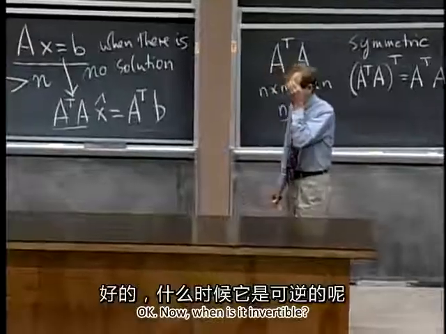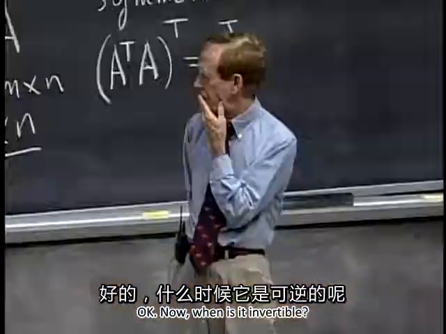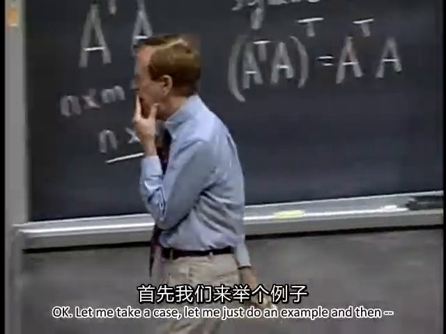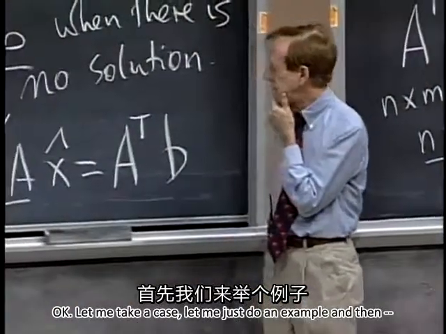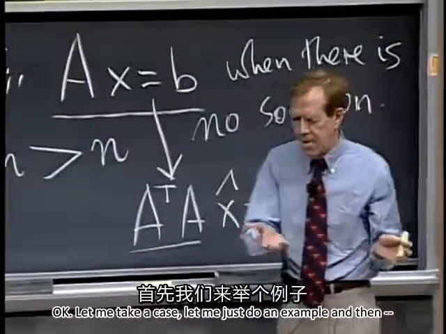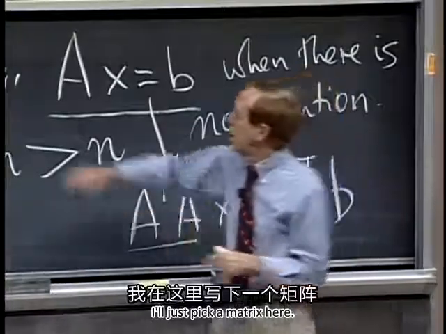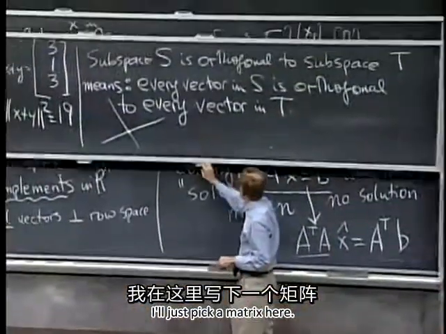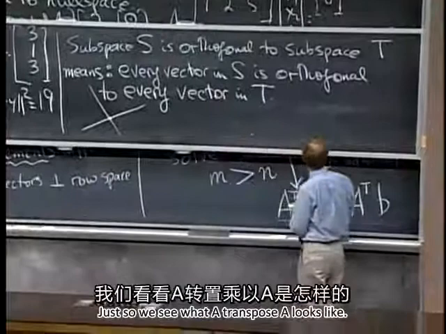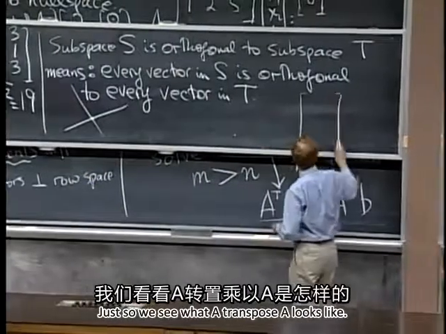Okay, now, when is it invertible? Let me just do an example. I'll pick a matrix here, just so we see what A transpose A looks like.